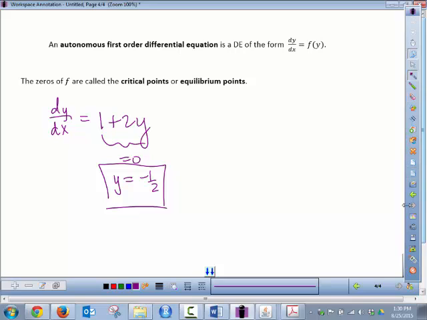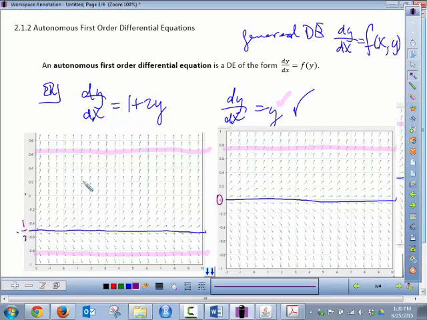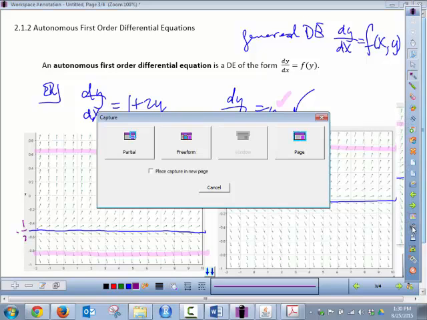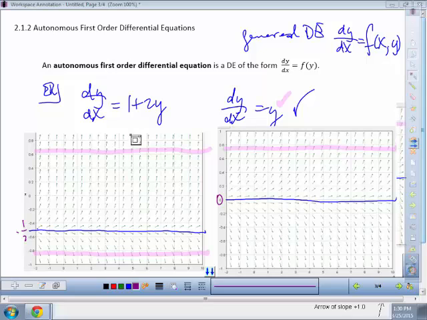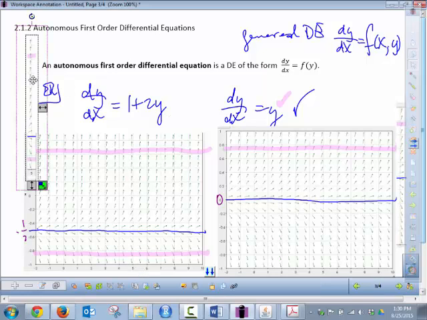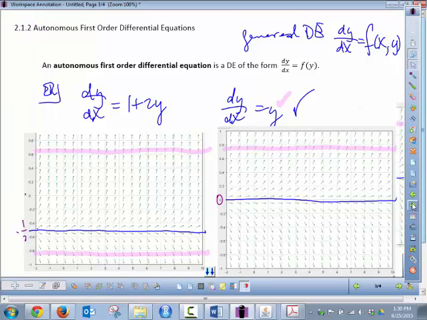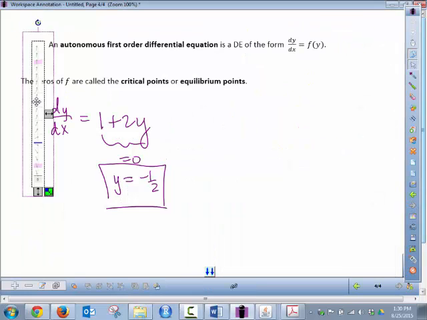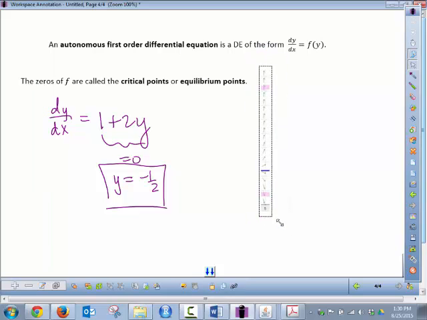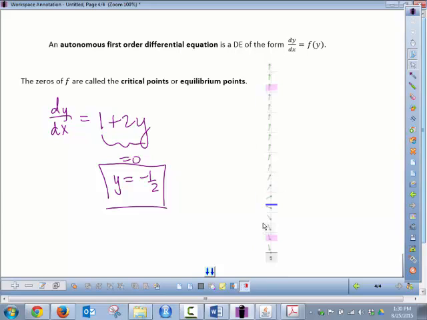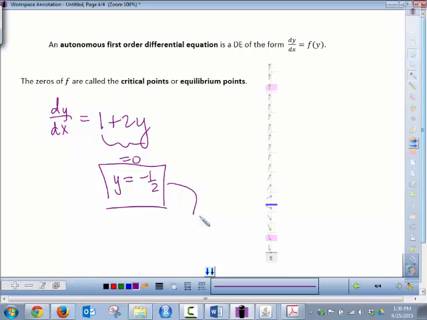And like I said, you can almost take this whole graph over here and compress it to just one column. So I'm going to take a picture of one column of this. And it didn't matter where it was. And we can identify that our equilibrium point is this negative 1/2 over here, right?